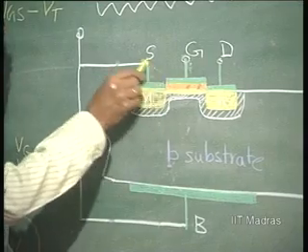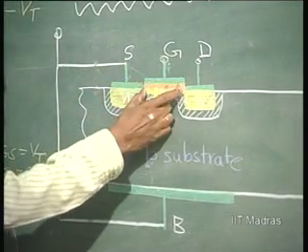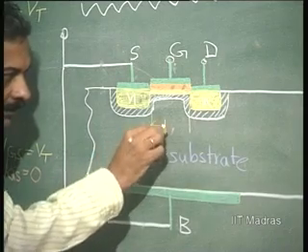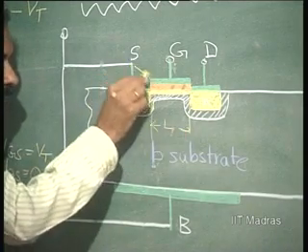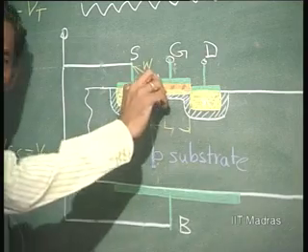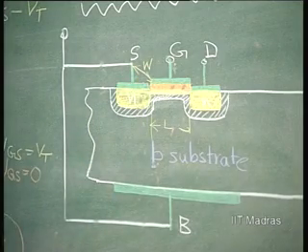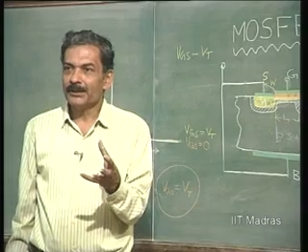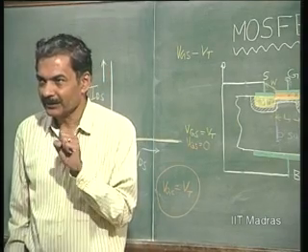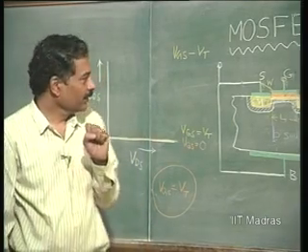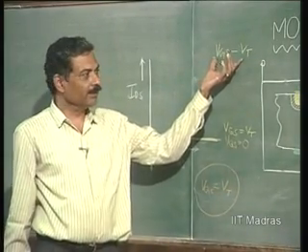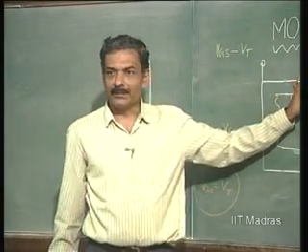The channel length is in this direction, the width is in this direction, and there is a certain depth determined by what voltage you are applying in excess of Vt to the gate. Now, this is crucial in determining the depth here.